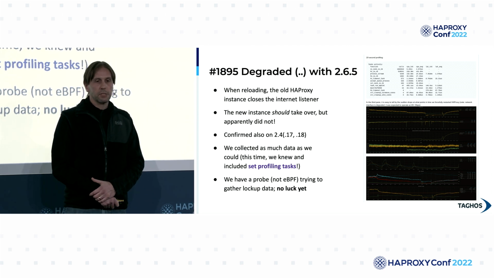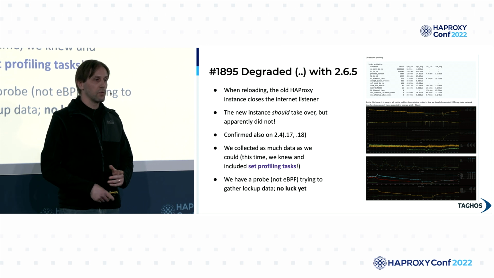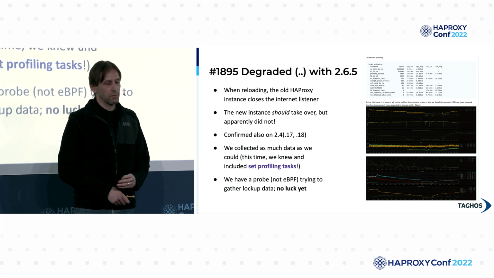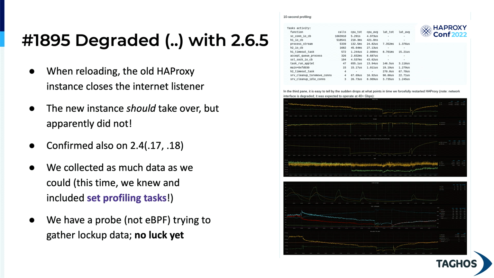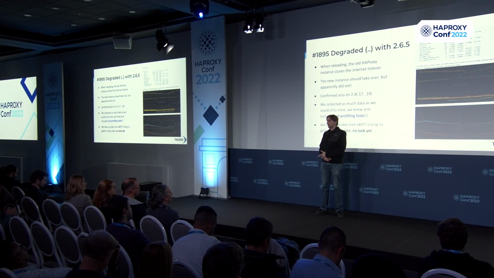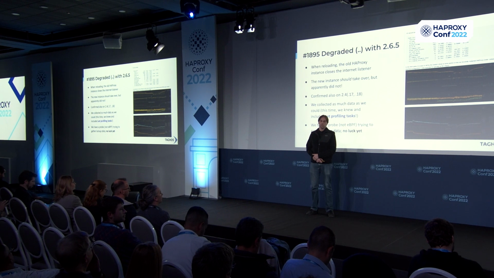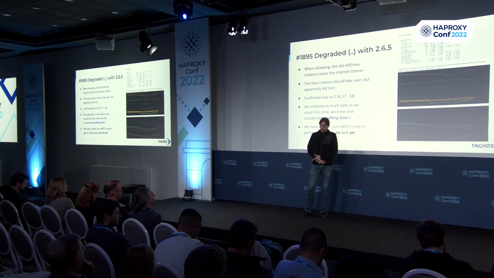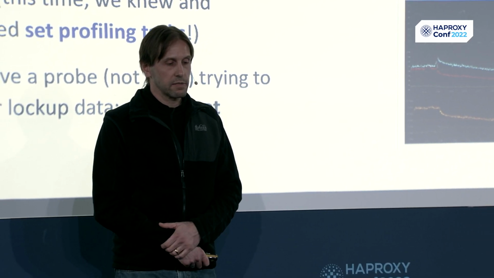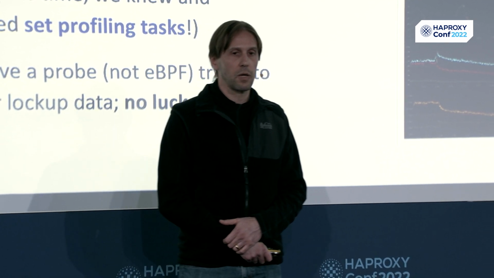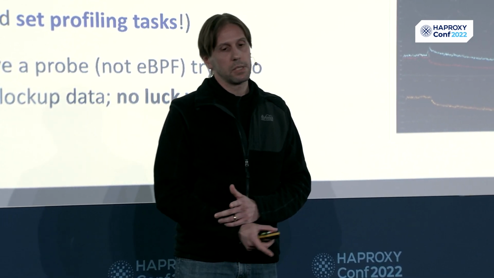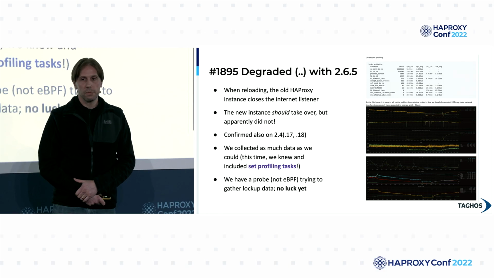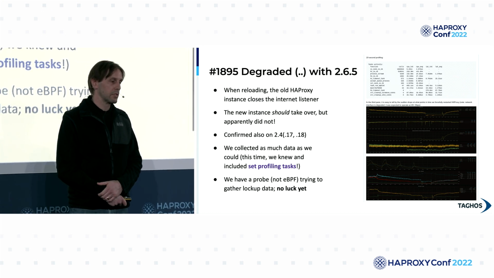What we normally expect is that when we gracefully reload the front end, the previous instance will simply stop accepting new connections, because the new instance is supposed to take over. The old instance did in fact stop accepting connections, but the new one did not take over, so we had a major degradation.